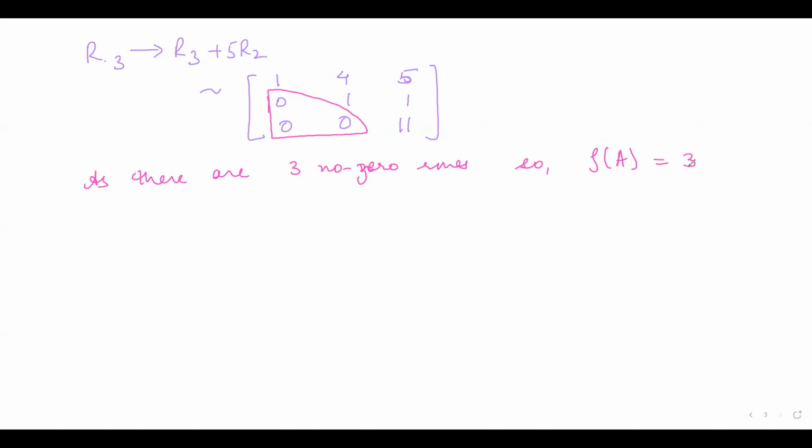We can have a 4 cross 4 matrix also, and we could find out the value for that as well. So let me take another example. Here, let me take the matrix B. Let me take a 4 cross 4 matrix now.